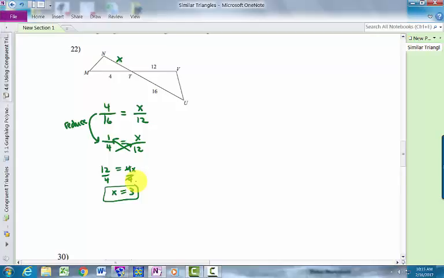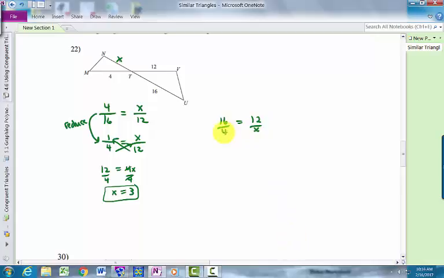Question over here. Great question. It doesn't matter which one you do. You notice that I did small to big. You could actually do 16 over 4, or rather reverse it, equals 12 over x.